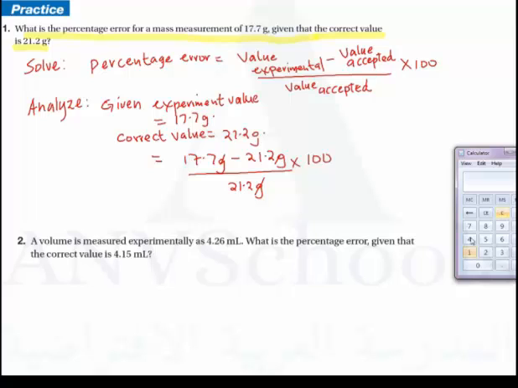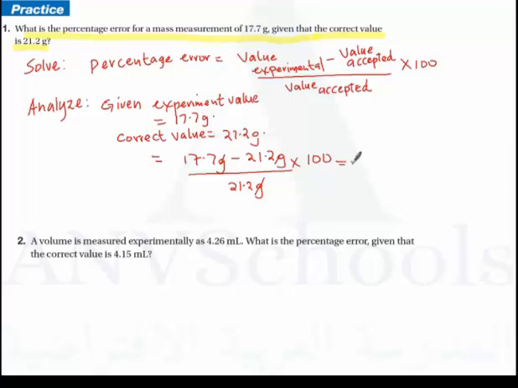Let's work them out using the calculator. 17.7 subtract 21.2, divided by 21.2, then multiplied by 100. You get negative 16.